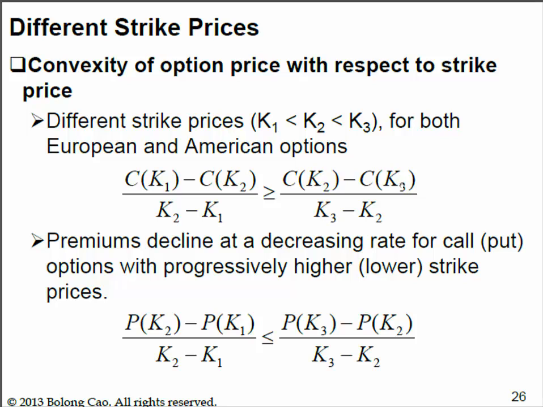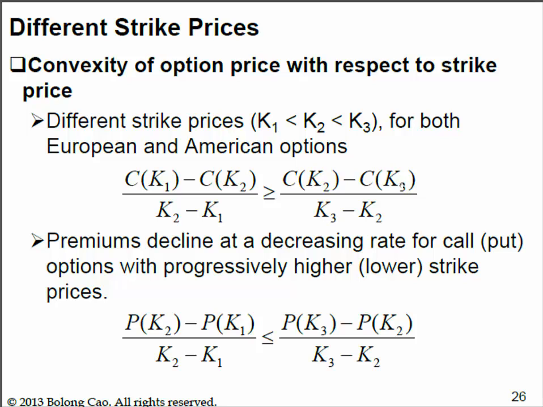As the strike prices become higher and higher, the call becomes cheaper and cheaper. But how much cheaper? It won't become cheaper by the whole change in the strike price. It will become cheaper by less and less than the previous decline in the call premium. It's not compared to the strike price, it's compared to the previous decline in the call premium.